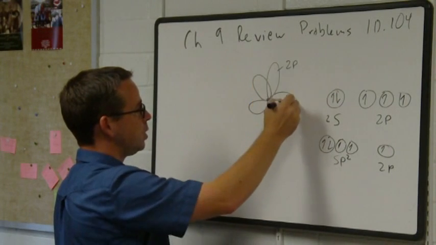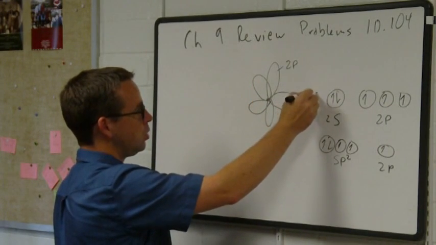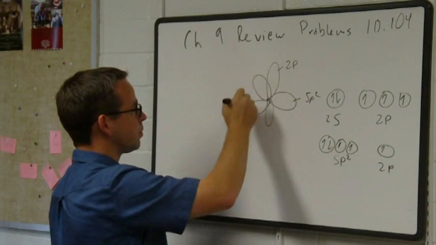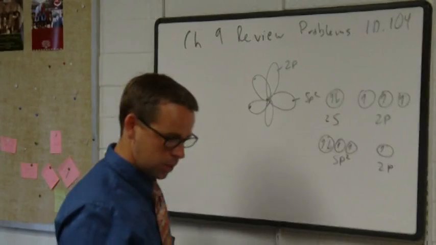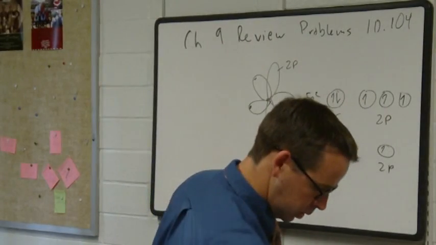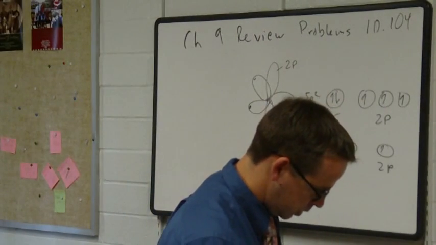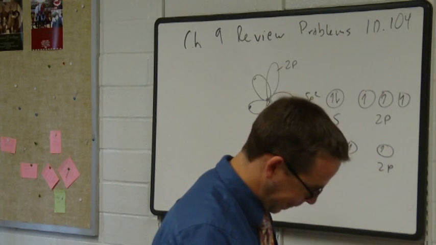So here's our 2p, and here's our sp2 lobes. So that should be what the nitrogen looks like. Let's double check.